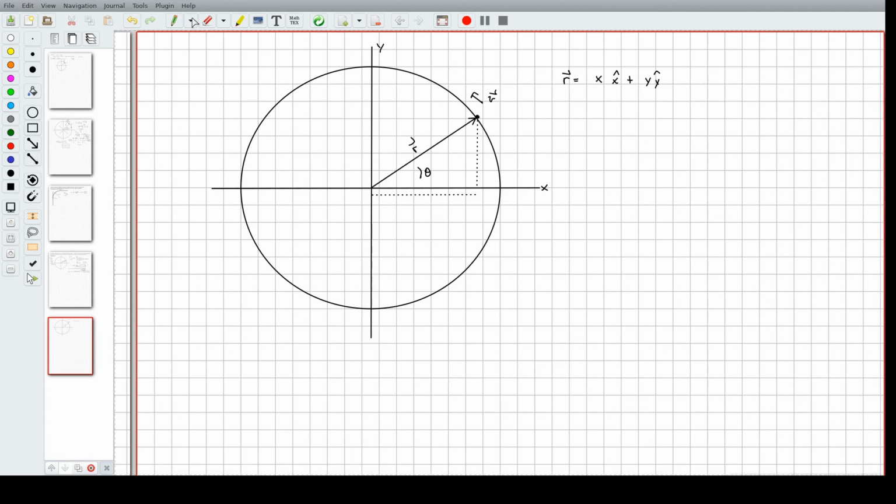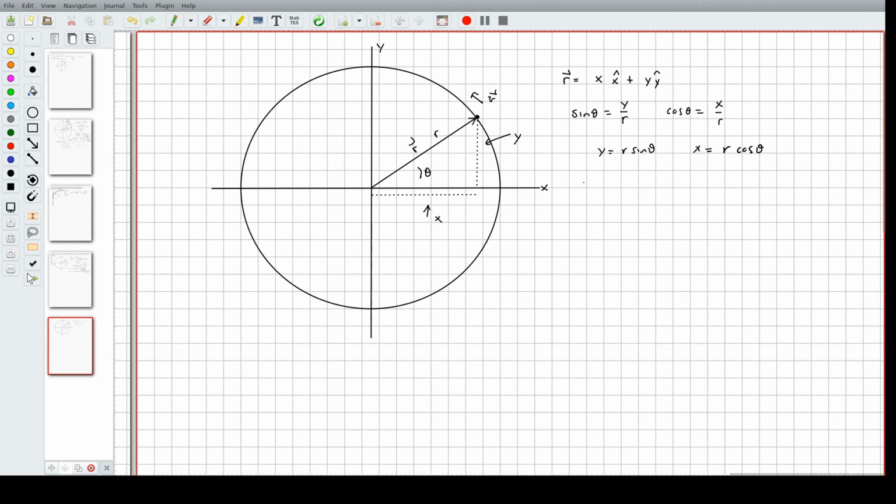Okay, so this right here would be y, and this right here would be x, right, in terms of this stuff over here. And so we know, for example, sine of theta is opposite over hypotenuse. The length of the r vector is just r, the radius. So here, opposite over hypotenuse would be y over r. Adjacent over hypotenuse would be x over r. And if you solve for y, that's the same thing as r times sine of theta. If you solve for x, that would be the same thing as r times cosine of theta.